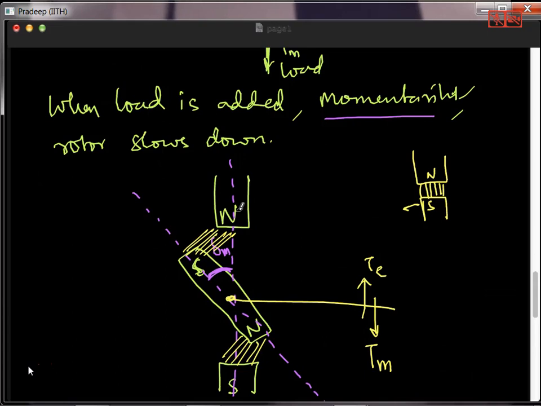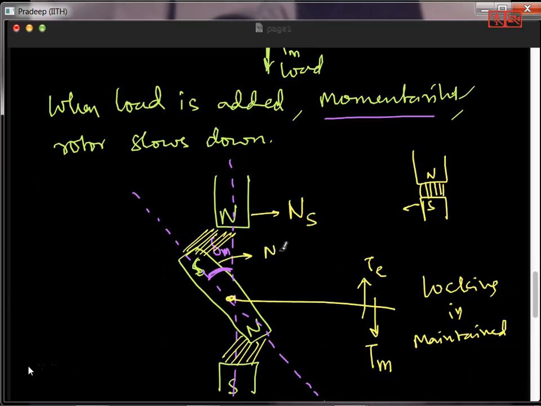So the locking is still maintained, and this is rotating at a synchronous speed ns. This is also rotating at synchronous speed ns, which is equal to nr. So both are rotating at the same speed, but now some angle is maintained, that is delta l. This angle is proportional to the load that we are connecting here.